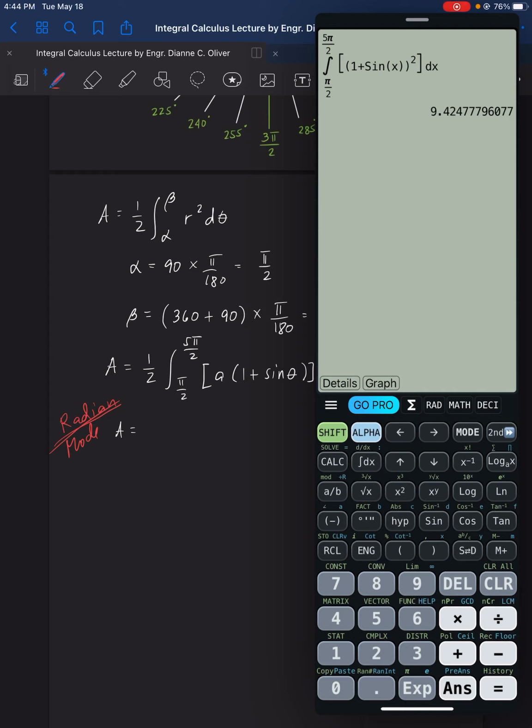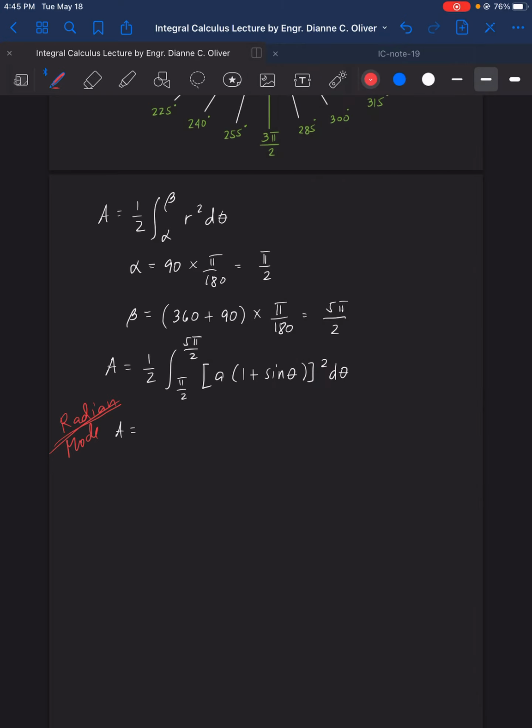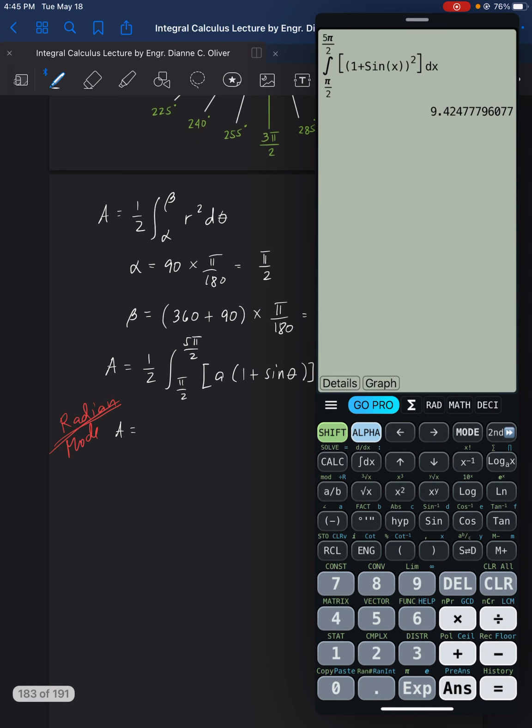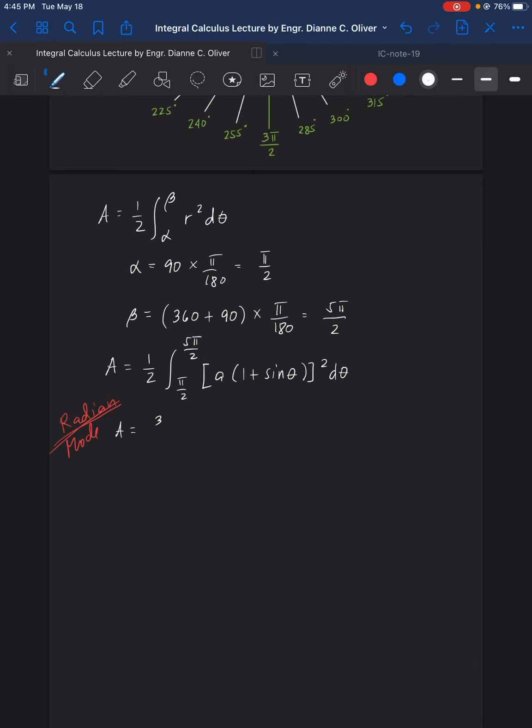That is equal to 9.42. So 1/2 or 9.42 divided by 2, that is 4.71, so let's just get the 3 halves pi, 3 halves pi a squared square units.